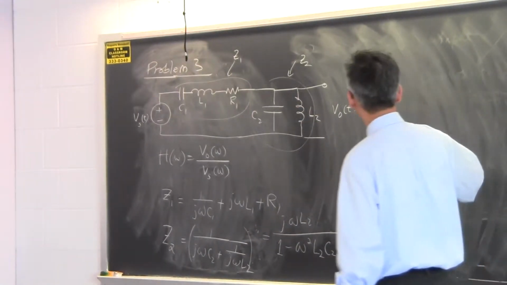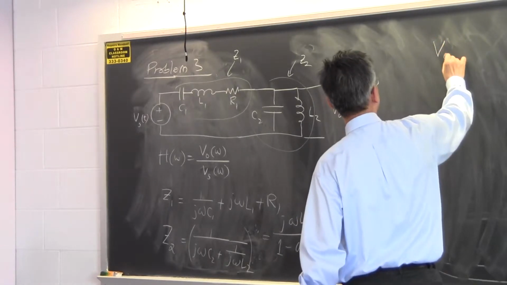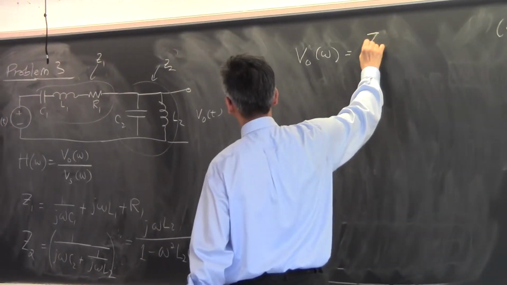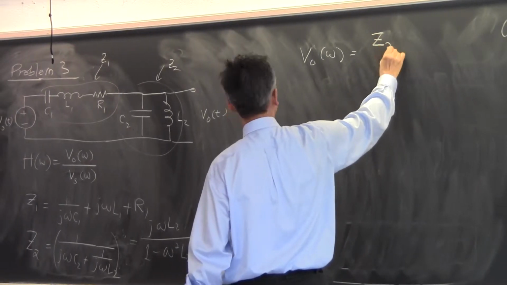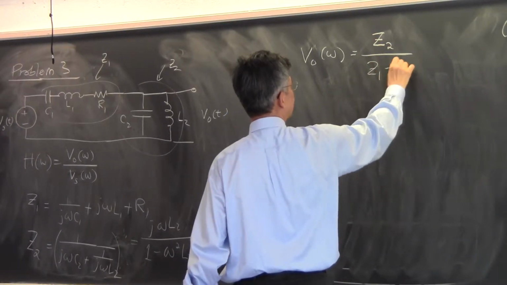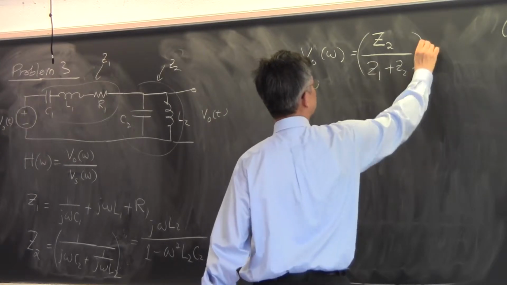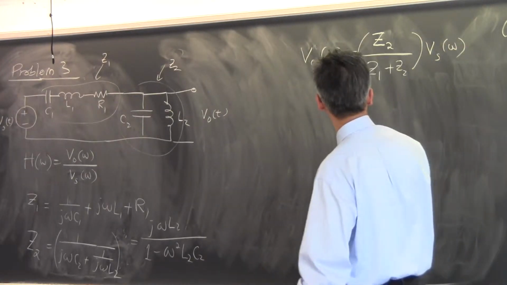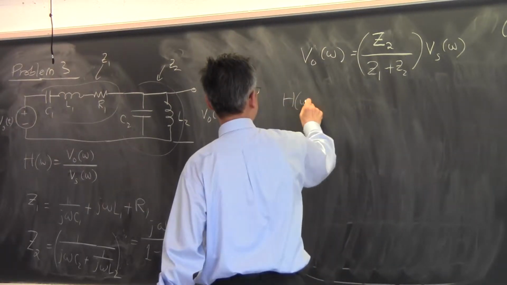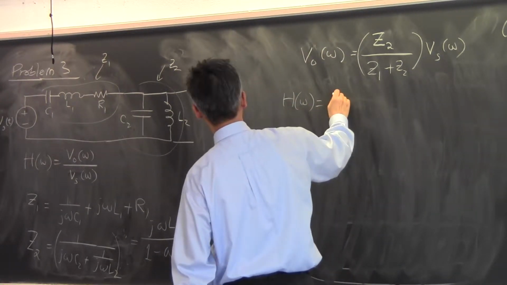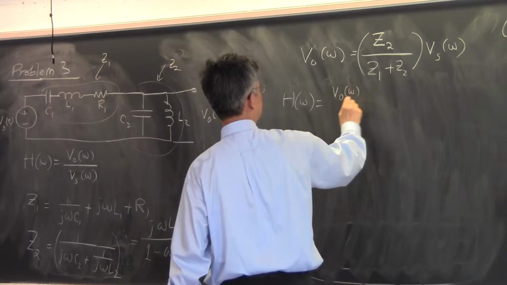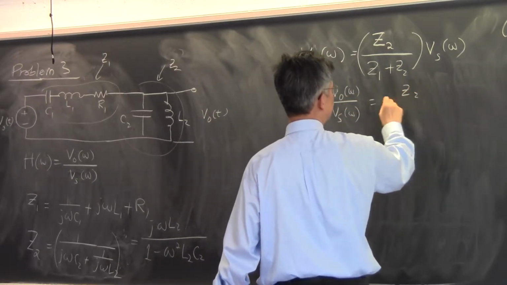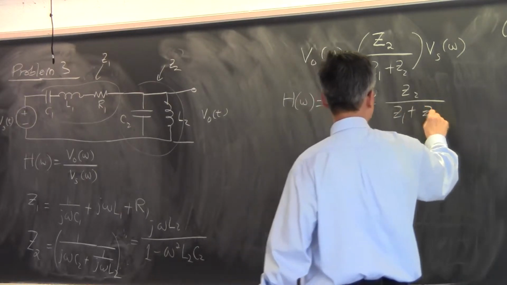So then by the voltage divider formula, V out of omega is equal to Z2 over Z1 plus Z2 times Vs of omega. So H of omega would be equal to V out of omega over Vs of omega, which is Z2 over Z1 plus Z2.